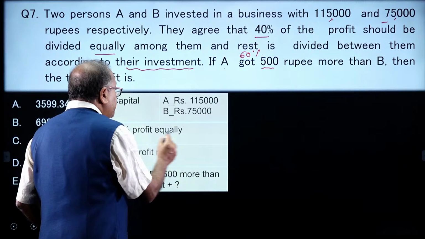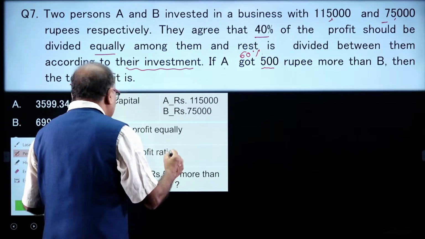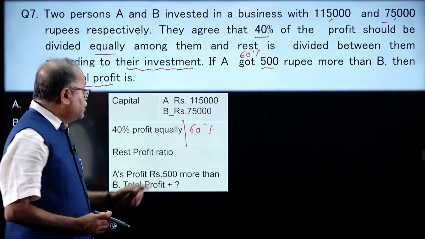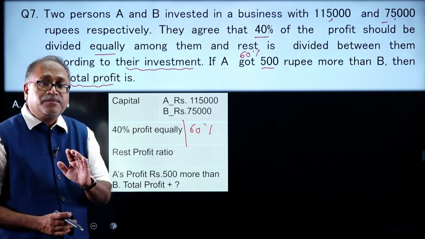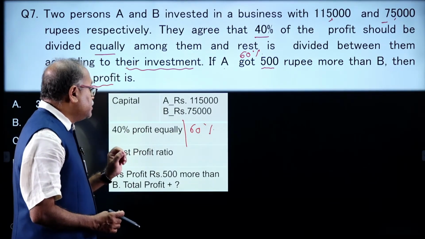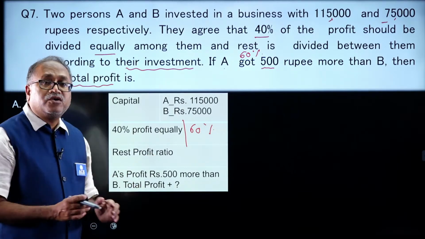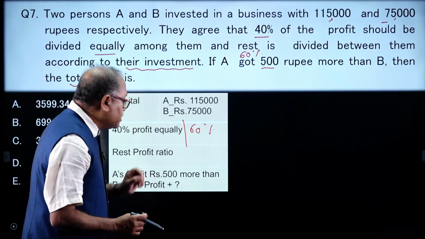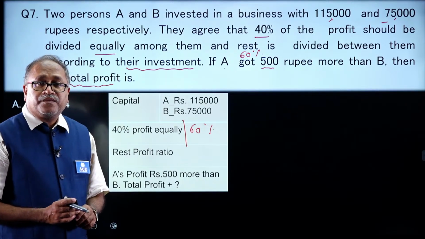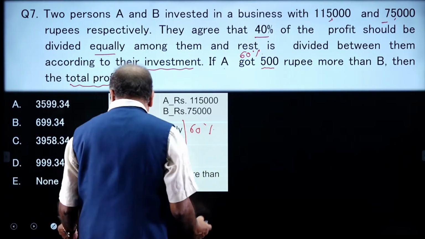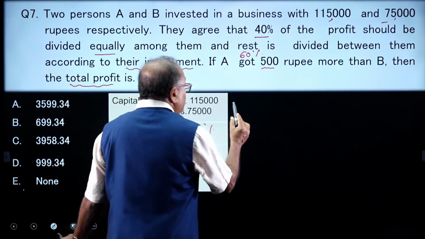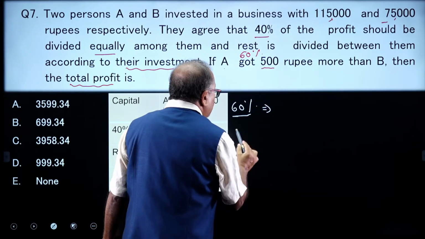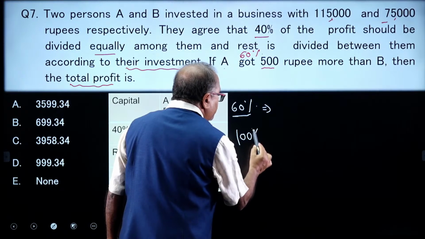The difference will be in the remaining 60% profit, because 40% is divided equally. So the remaining 60% is divided according to their capital ratio, and then there A is getting 500 more. So first, can I find out what is that 60%? And once I get the 60%, I can find out the 100% also.